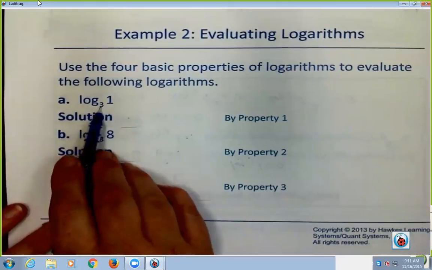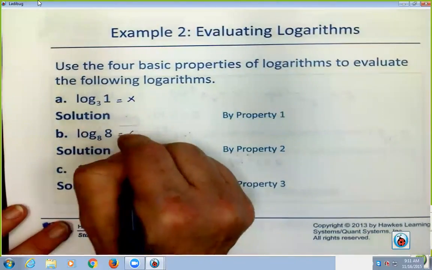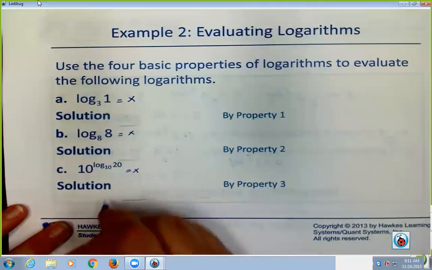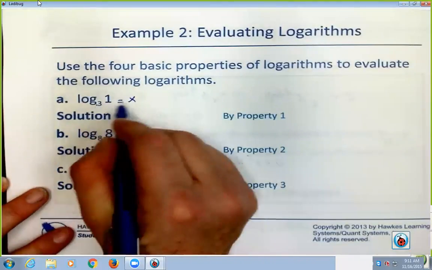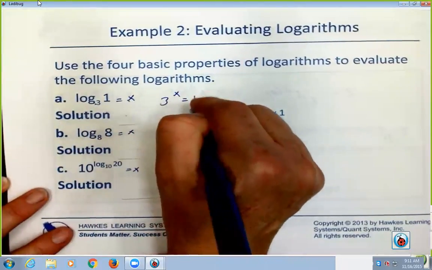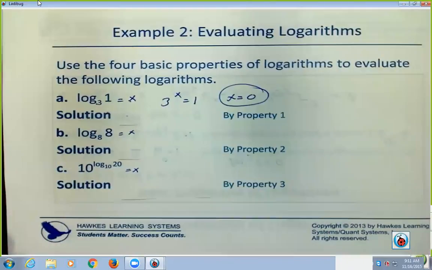So this one, log_3 1, set it equal to x. If you set all of these equal to x, that's going to help you out, because now what do I have? I have 3 to the x power is equal to 1, so I know x must be 0, because that's the only thing that lets me get 1 out of it. Okay, so it has to be 0.